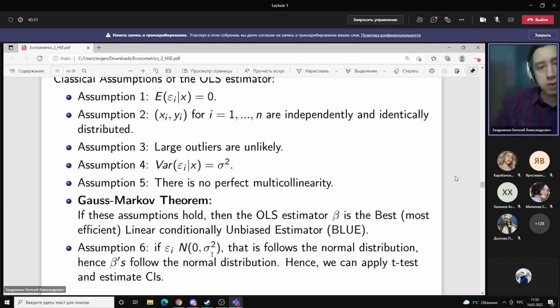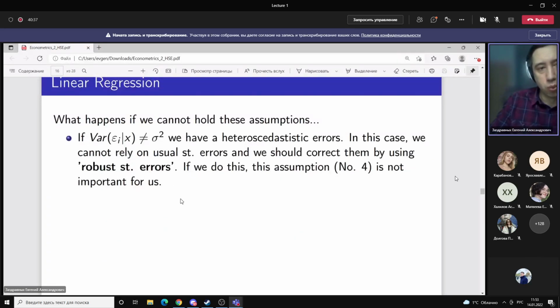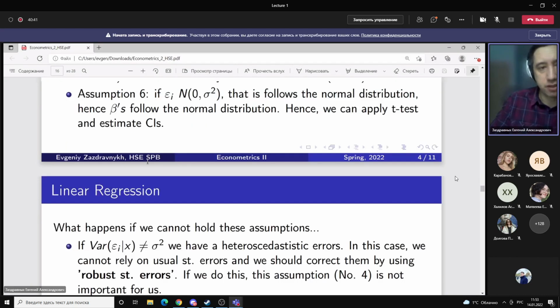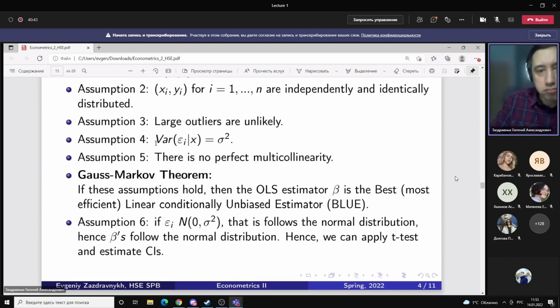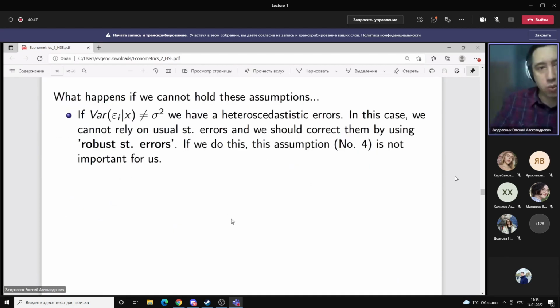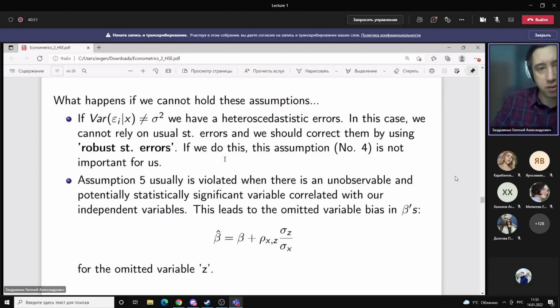But in practice, usually we violate assumption number 4. In this case, we estimate robust standard errors. So violation of this assumption is not a serious problem.